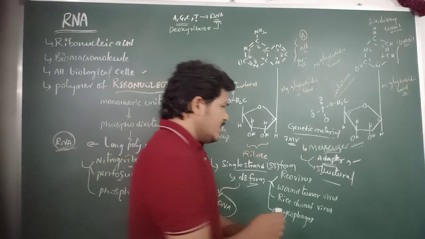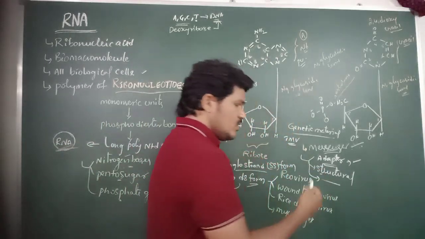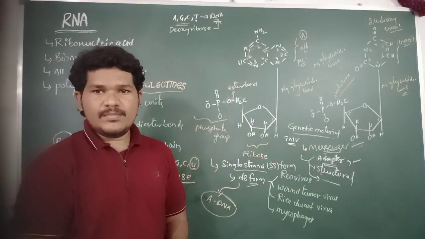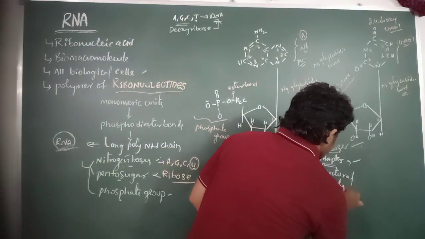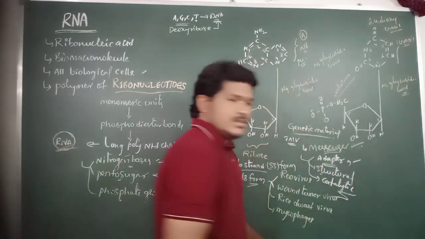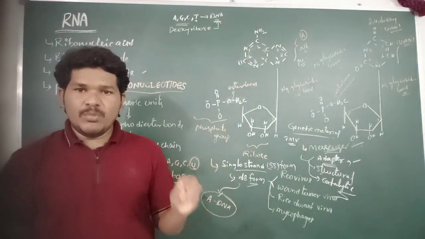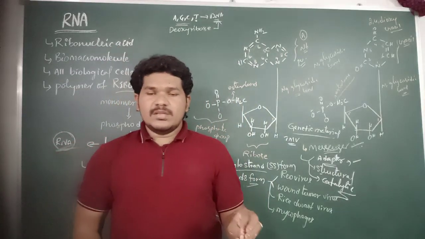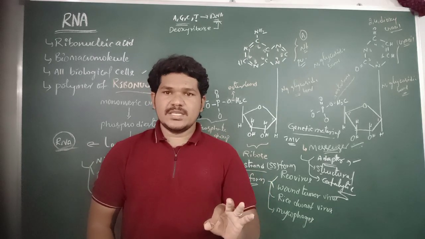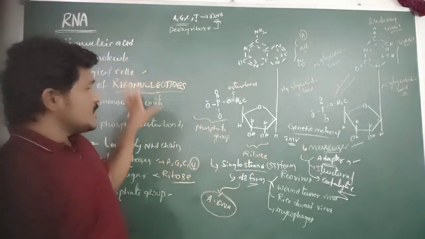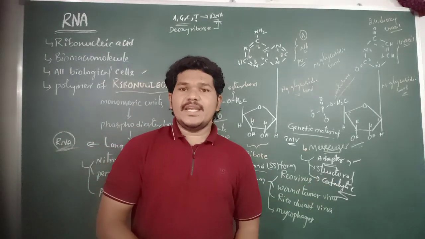And then the RNA molecule also acts as a catalytic molecule. That means some RNA molecules have enzyme activity or catalytic activity. Thus these RNA molecules are also known as catalytic molecules.